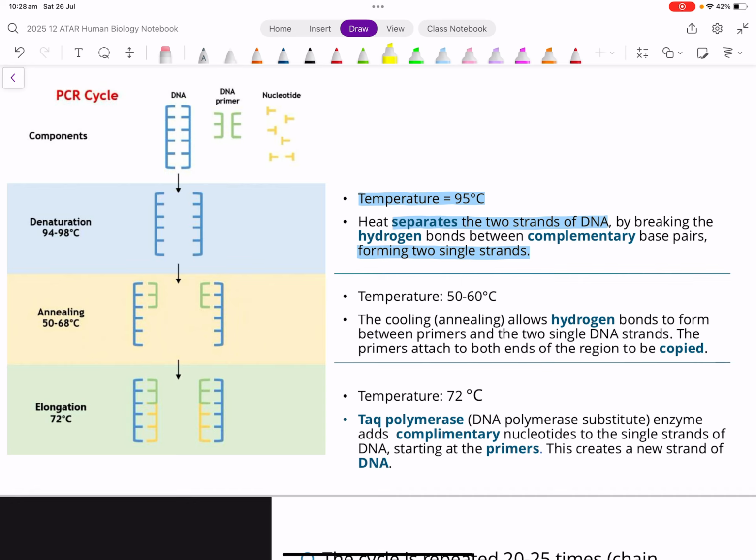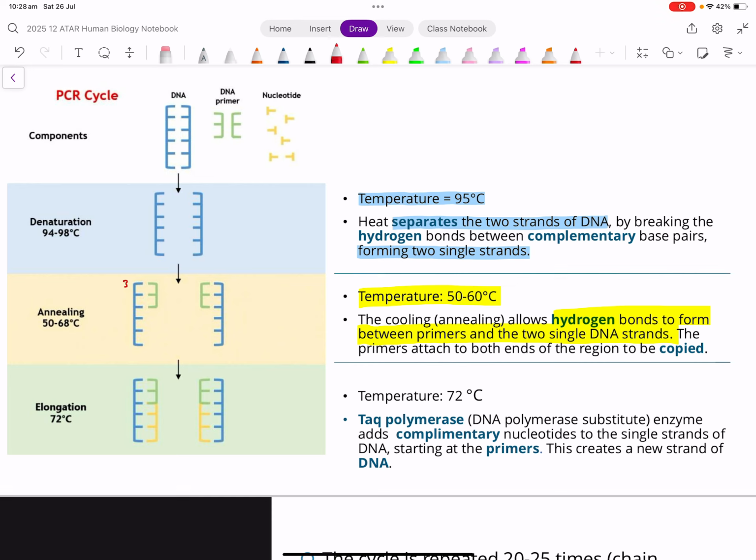So the first thing that we do is we cool the temperature down to somewhere between 50 to 60 degrees. There's a little bit of variation here. This cooling allows hydrogen bonds to form, specifically between primers and the two single DNA strands. You might remember that we have the forward and reverse primers, and they attach to the opposite ends of the DNA sequence.